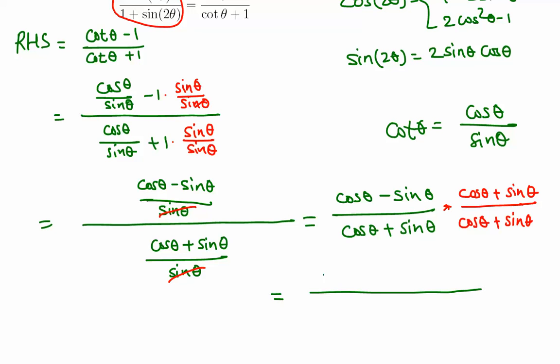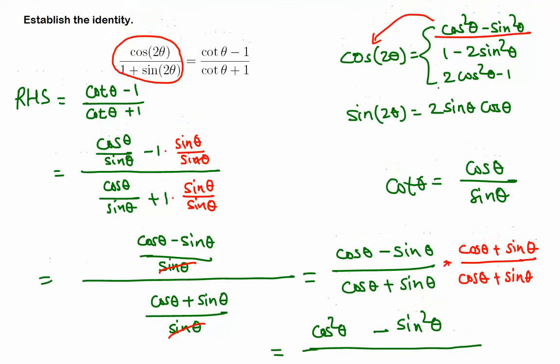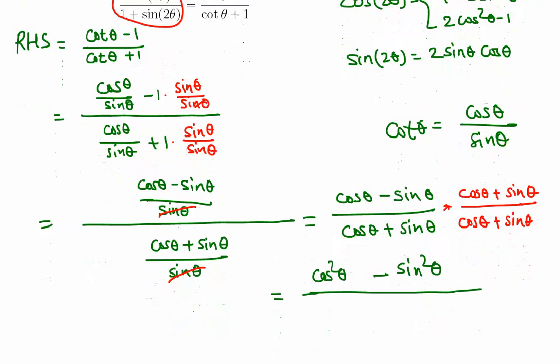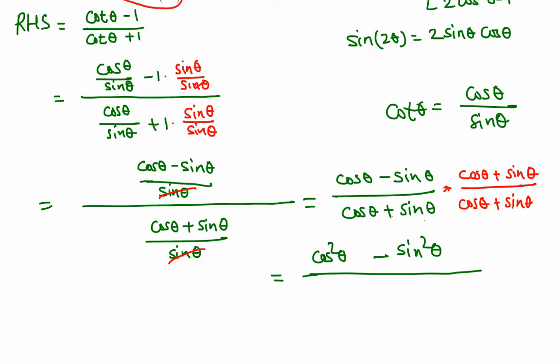Cosine times cosine gives cosine squared theta, cosine times sine plus cosine sine minus sine cosine, so the middle two terms cancel, minus sine times sine, sine squared theta. This is exactly cosine 2 theta. This is the formula. If you look at the formula list, cosine squared minus sine squared is in fact cosine 2 theta. On the bottom we have all pluses, so there are no cancellations.